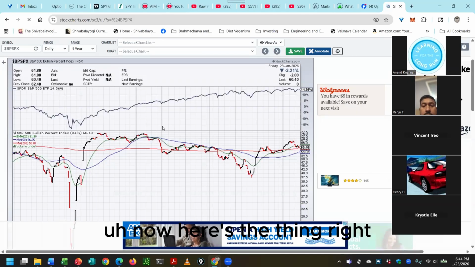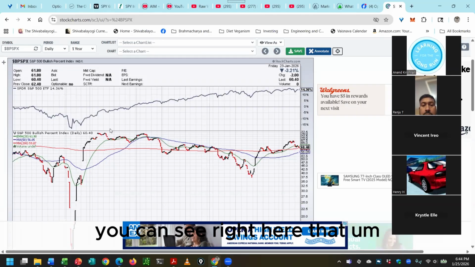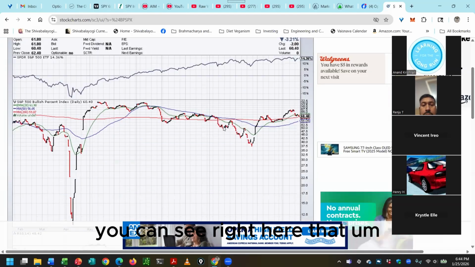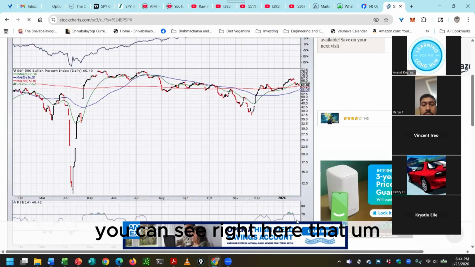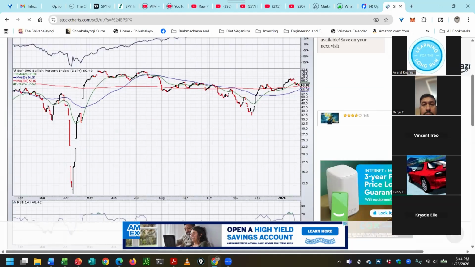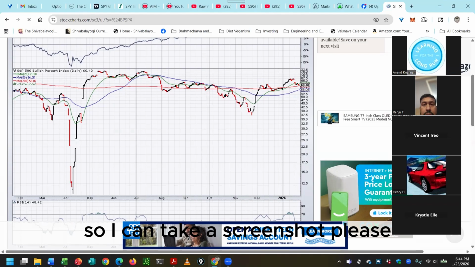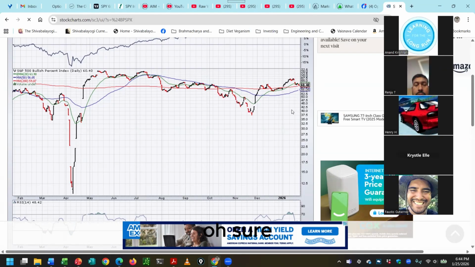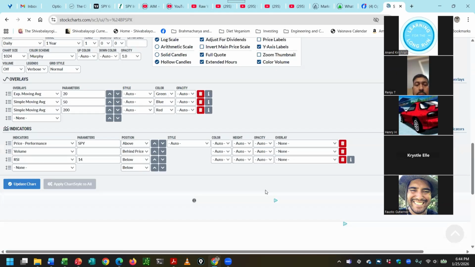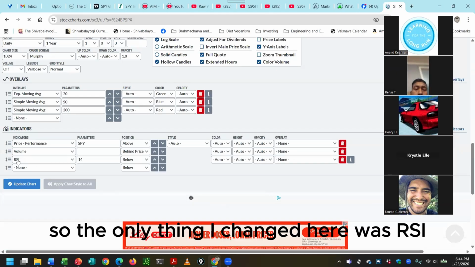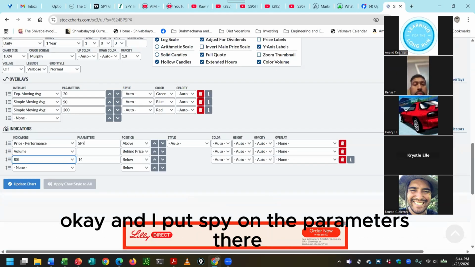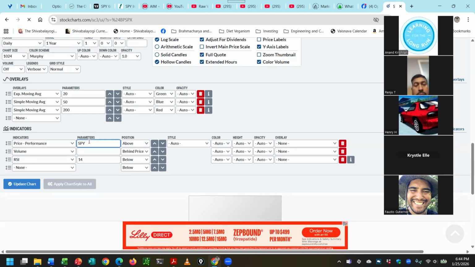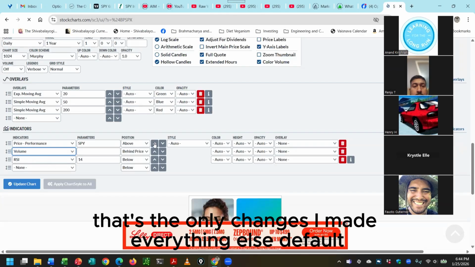Could you go back to the settings so I could take a screenshot, please? Sure. The only thing I changed here was RSI, and I put SPY in the parameters. That's the only change I made. Everything else is default.